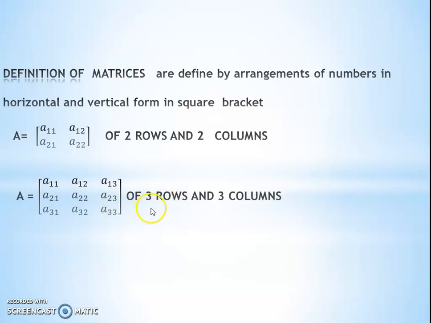So there are 3 rows and 3 columns. We define the square matrix in the form of 2 rows and 2 columns, and 3 rows and 3 columns. So we must focus on this topic.